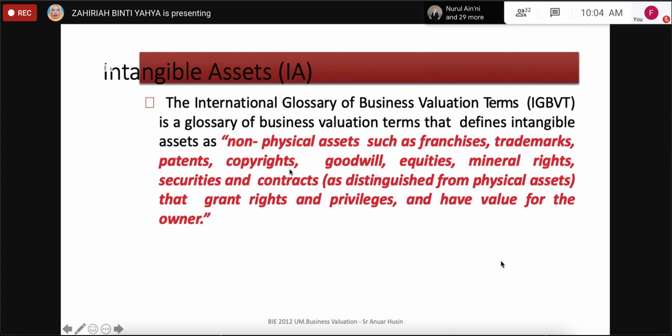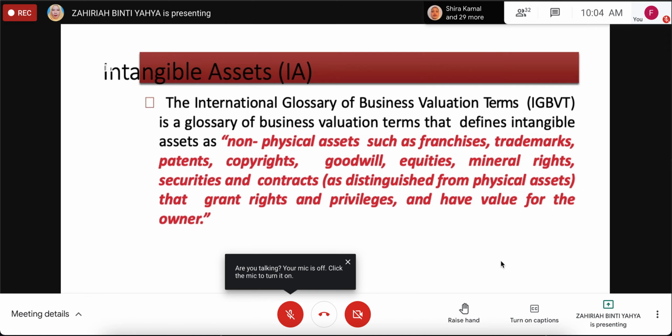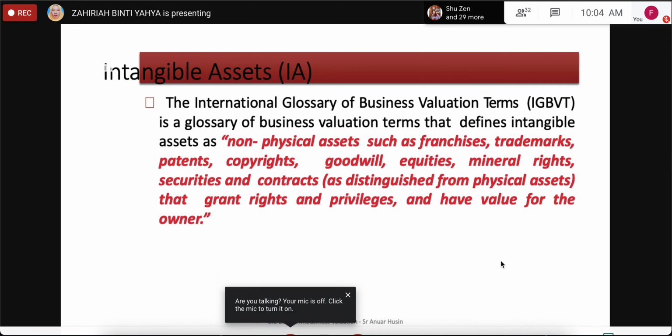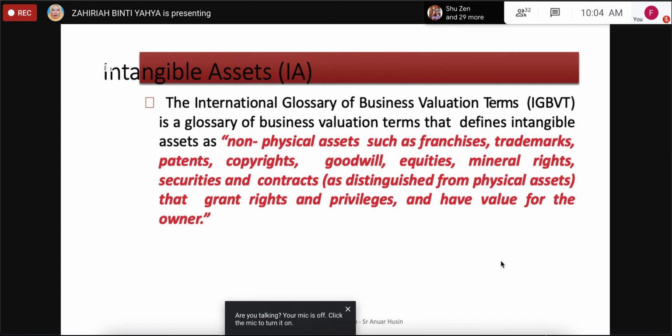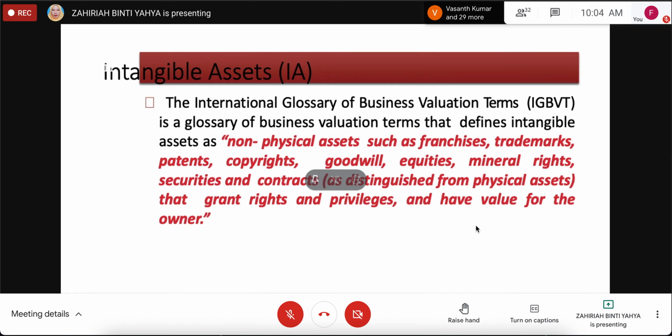Copyrights ni, contoh copyright, siapa nak bagi? Slide doktor buat tu. Anybody can bagi contoh copyrights? Lagu kot. Lagu copyright. Betul. Copyright. Sebab kalau tak copyright macam ada case kan.